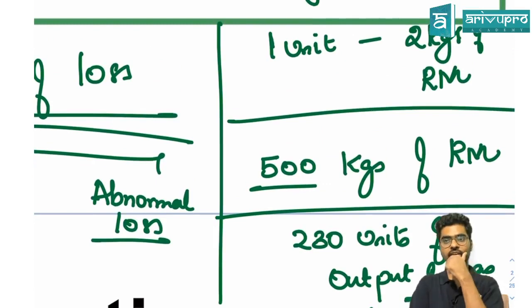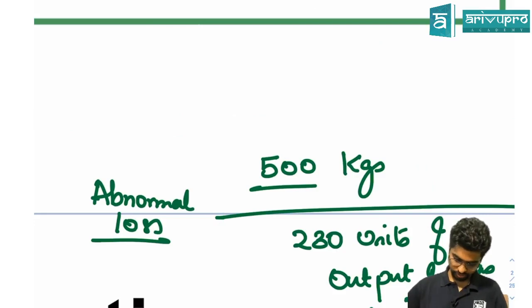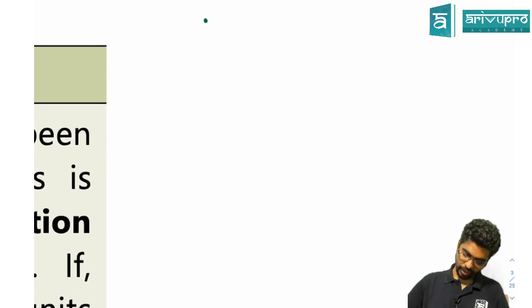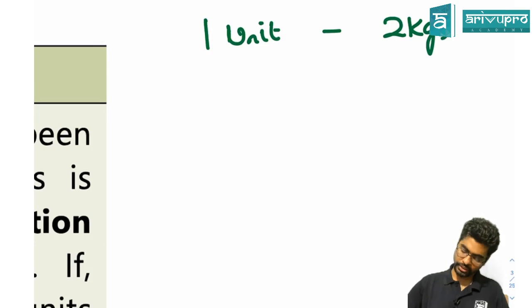Guys, read this question carefully and let me know, did you understand the entire thing? If you have understood, tell me, is there a loss or gain? There is a loss, right? How? 1 unit requires 2 kgs.